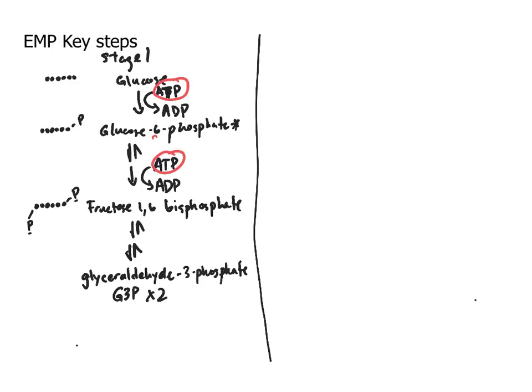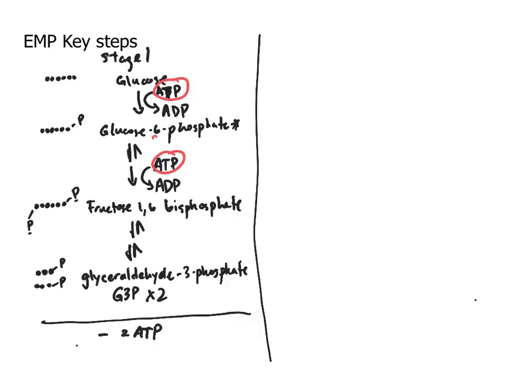And then at the end, you'll end up with essentially 2 3-carbon molecules that both have a phosphate on one end, right? So at the end of stage 1, you've used 2 ATP.